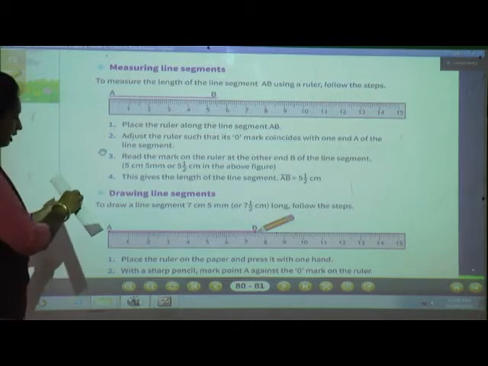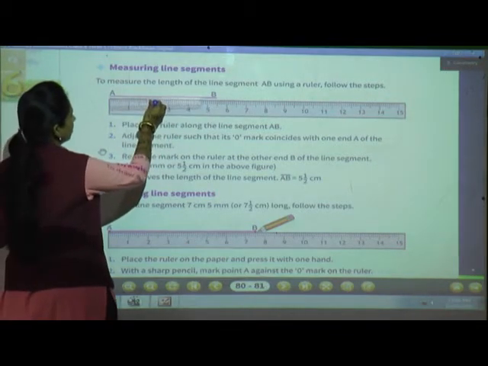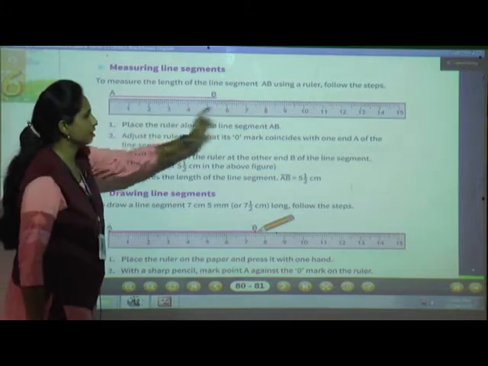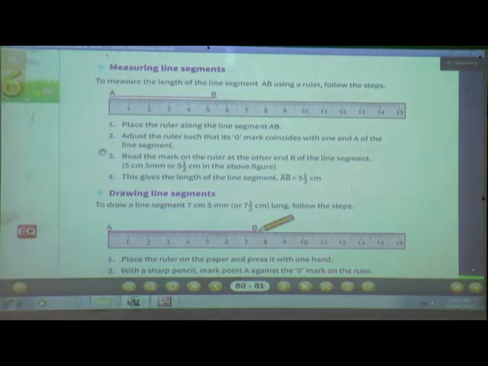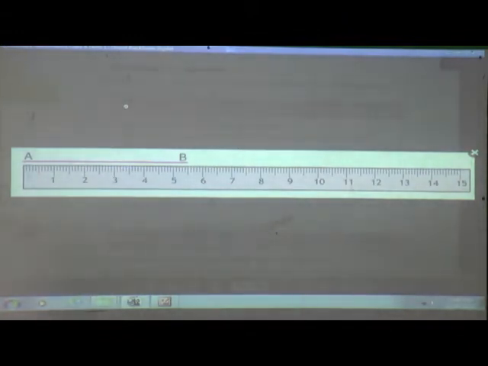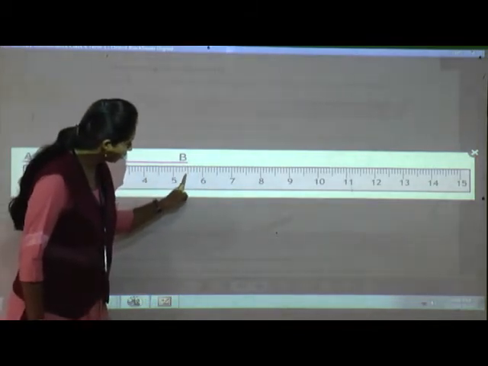Okay. See, I have a big scale here, but they have given a scale here also to measure. Now we will measure this. Now see where it starts from. Okay, from here till here.